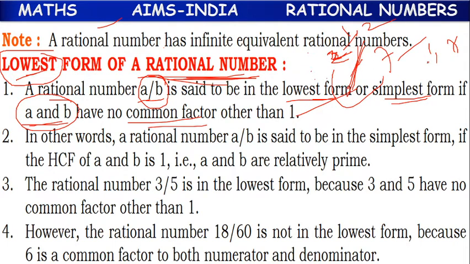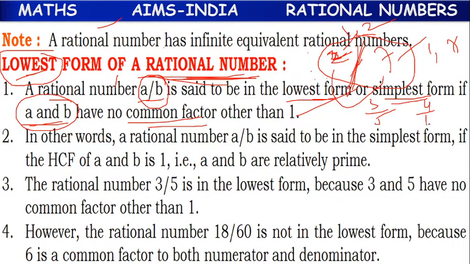The common factor is 1, meaning they are not divisible by any other number other than 1. So they are said to be coprimes. Then we can tell that the given rational number is in the lowest form. So 2 by 7 is the lowest form of the rational number. We cannot simplify it further. 2 by 7, 3 by 5.